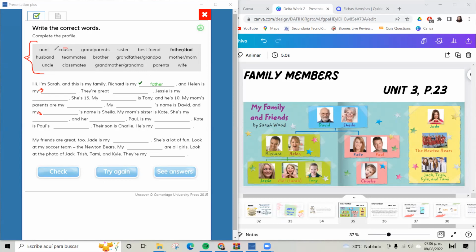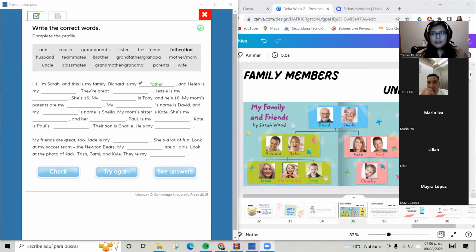So I'm going to take, okay, cousin, where does cousin go? Let's say cousin goes here, etc. So I'm going to take all of those words and then use them to complete this paragraph about Sarah's family. Everybody clear on instructions?